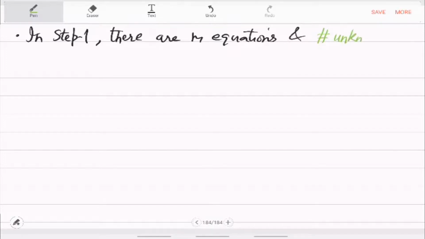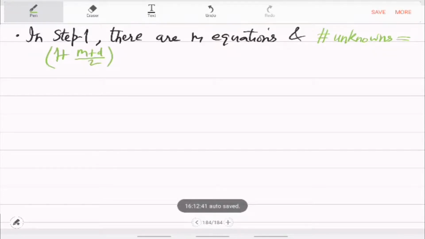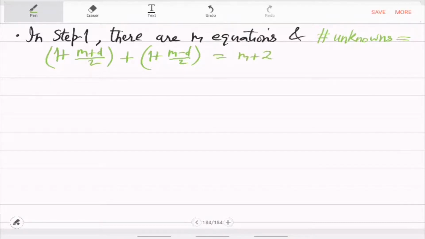The number of unknowns is 1 plus m plus d by 2 for C, and 1 plus m minus d by 2 for E, which is m plus 2. So, there are m equations, m plus 2 unknowns, and it is a homogeneous linear system.